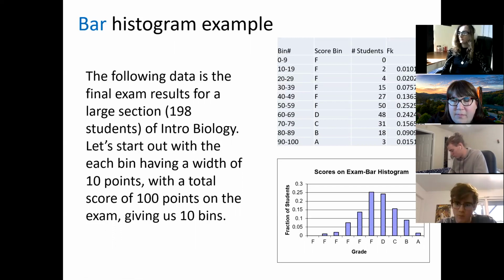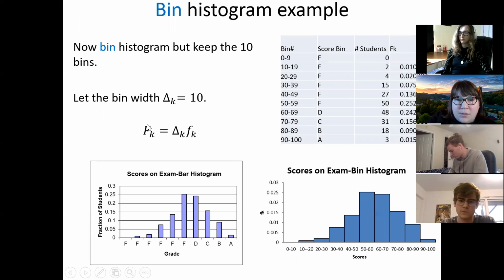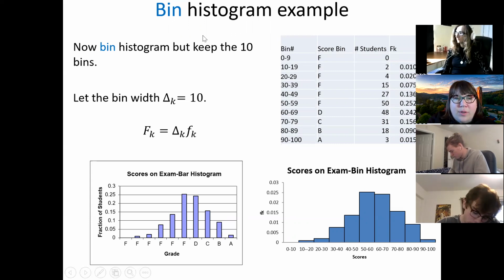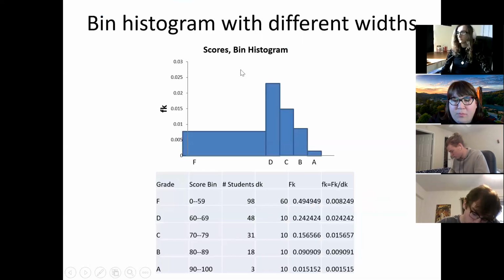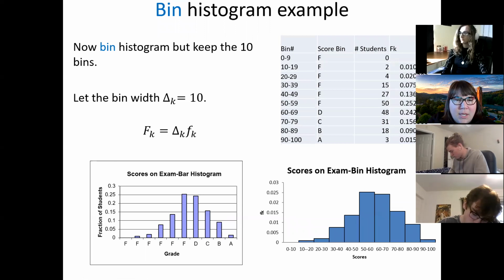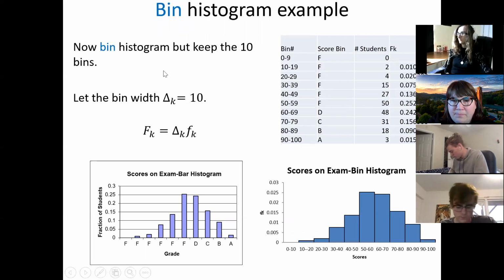Now, a bin histogram is going to allow us to have bins of different widths. Let's try to convert our bar histogram into a bin histogram. We're going to keep the 10 bins for now, and we're going to let that bin width be 10, or 9, roughly 10.